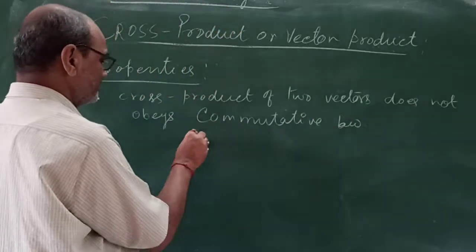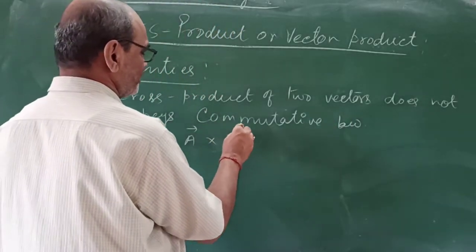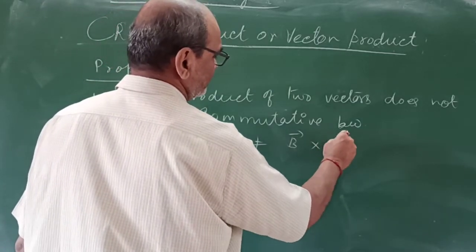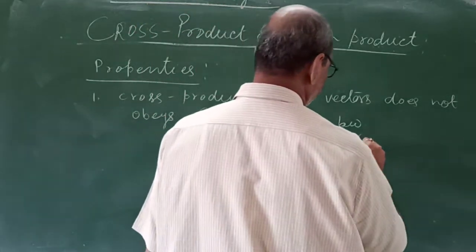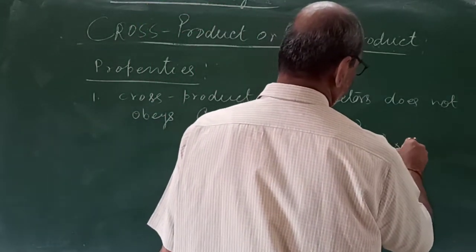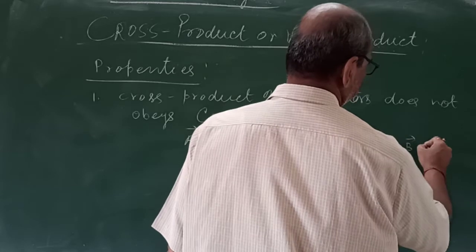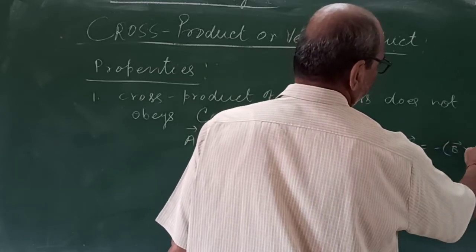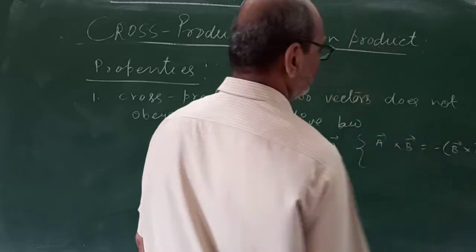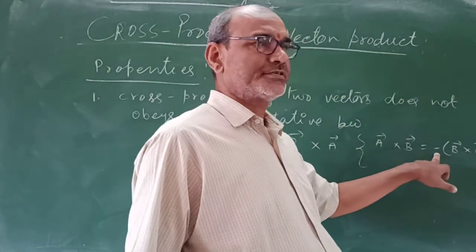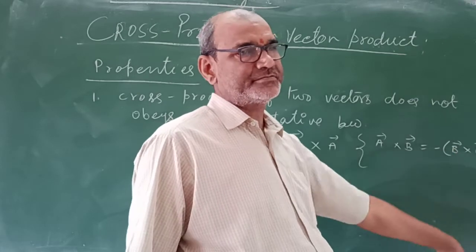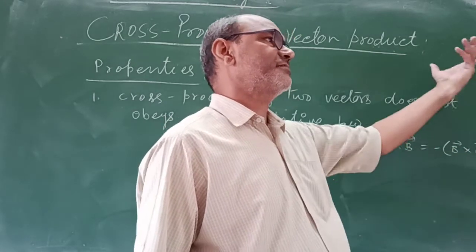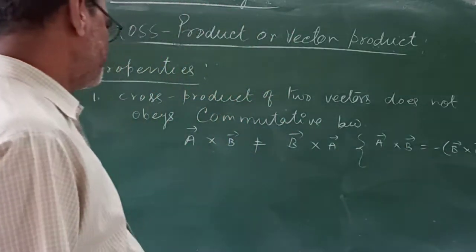A cross B is not equal to B cross A. If it is equal, then we write A cross B is equal to minus B cross A, because the direction of B cross A has a negative sign, directed in the downward direction, and the negative of this becomes the positive direction.